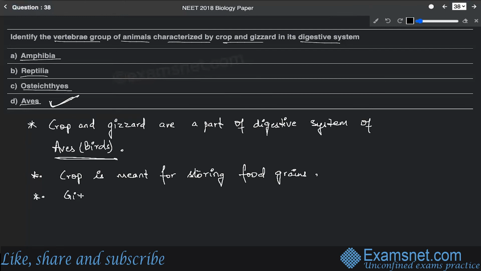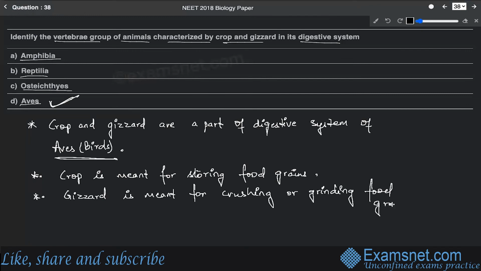So gizzard is meant for crushing or grinding the food grains. All right, so that's why option D is the correct answer.